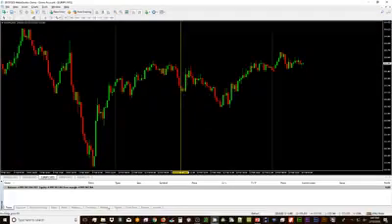Then we're going to take a look at the first hour. Again, a lot of consolidation here. Now the end move was up, but we look for consolidation, a false breakout, and then the real breakout, and we really don't have that here.